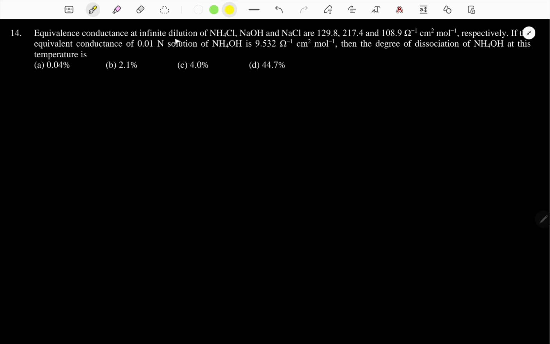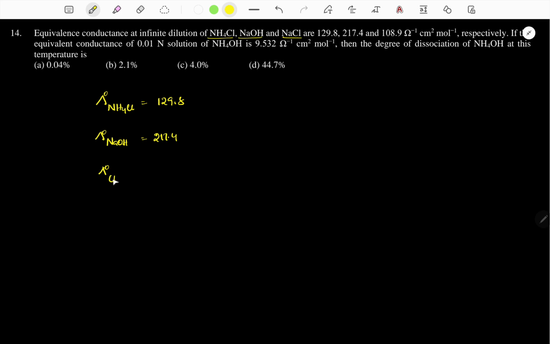The equivalent conductance at infinite dilution of NH4Cl, NaOH, NaCl. So lambda naught of NH4Cl is 129.8 in the corresponding units. Lambda naught of NaOH is 217.4.